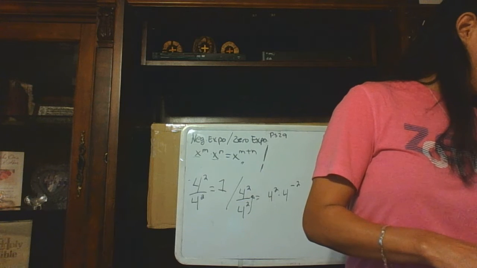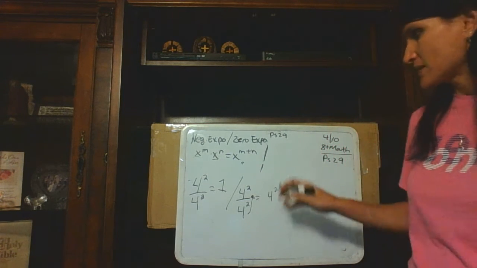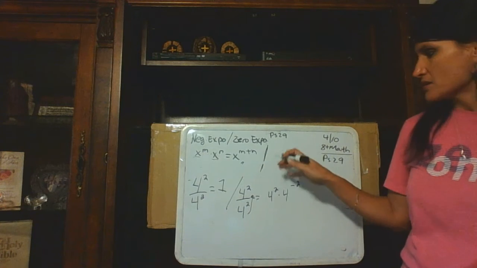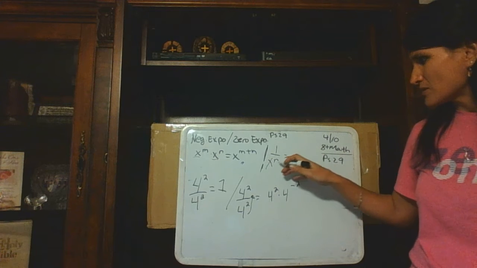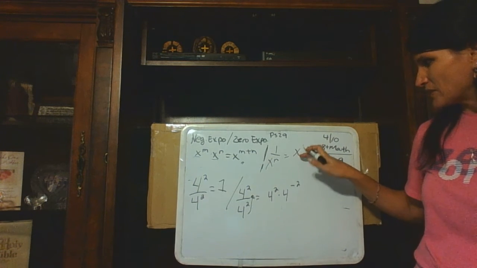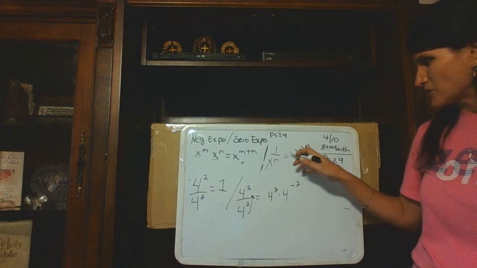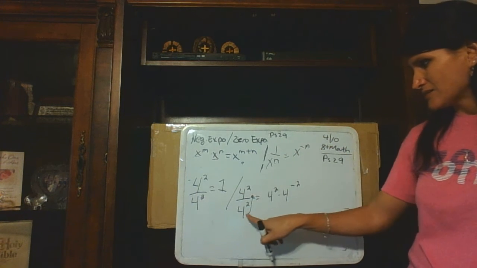So going back to page 129, where it says the definition of x to the negative n, that's why they wrote it with 1 over x to the n equals, put this in the numerator, x to the negative n. It's showing you that when you move from one part of the fraction to the other, it changes the sign. This is what happened.